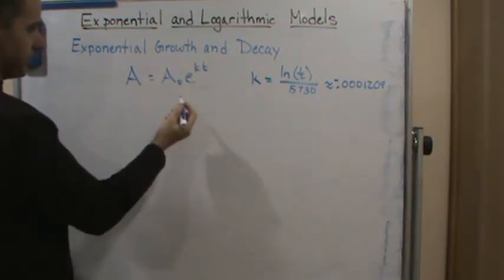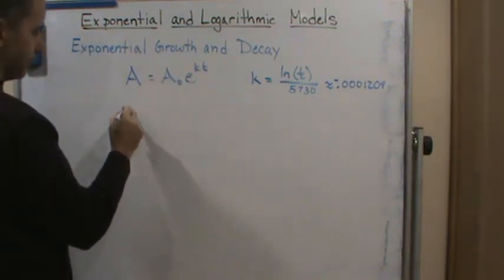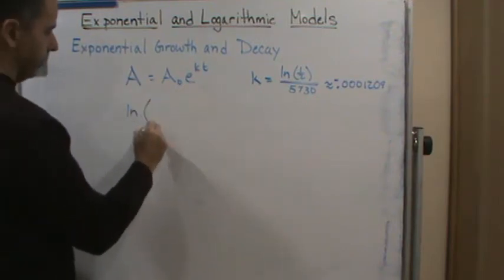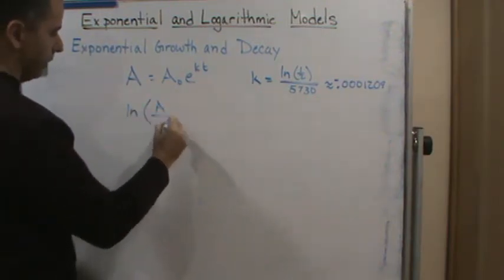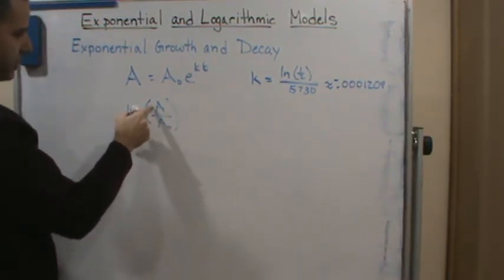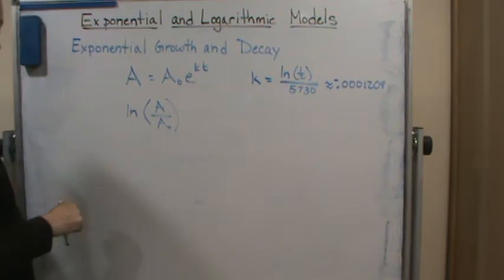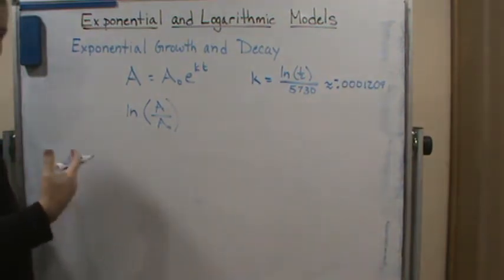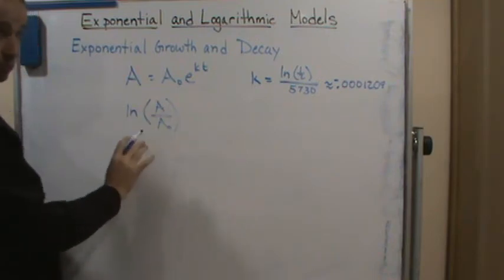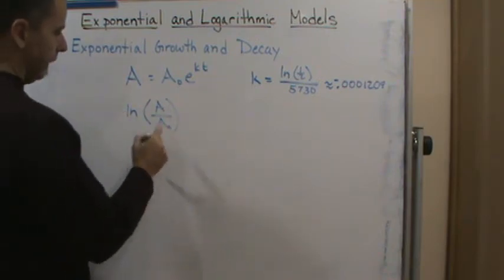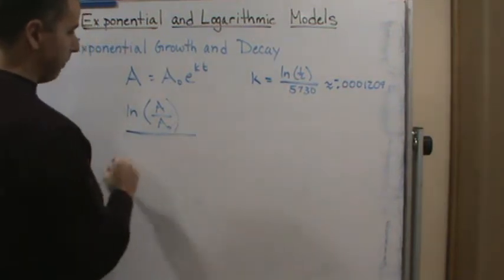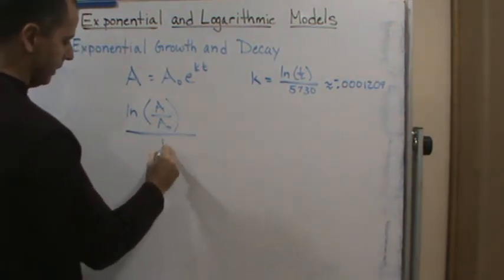So if I solve this for time, I end up getting what? The natural log of A divided by A naught. So what is this? This is the proportion of the initial amount that I have left over. Okay, so this is a proportion. Okay, remember that. And so what do I get? I get natural log of this divided by the constant.